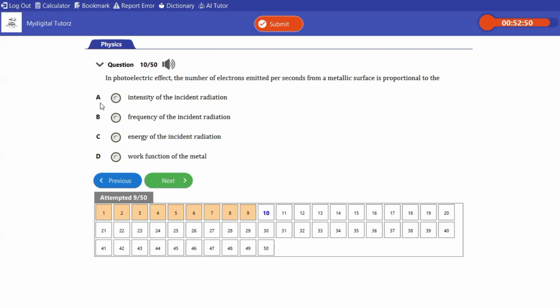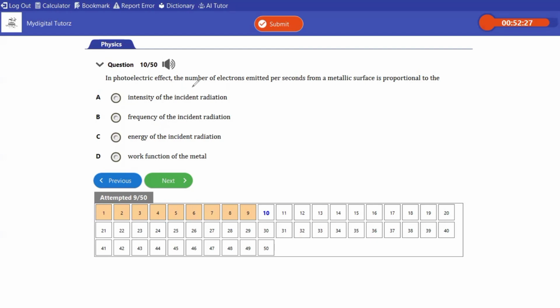Are we together? But when the question says the energy of the electron, that time it depends on the frequency, not on intensity. Please take note of this question because in another way around, they can say the energy of the electron emitted per second from a metallic surface is proportional to what? This time around, it is proportional to frequency.